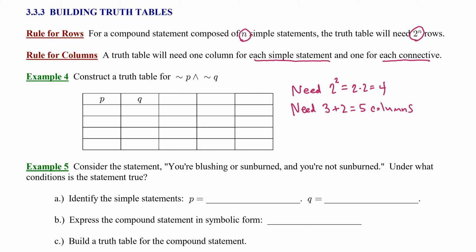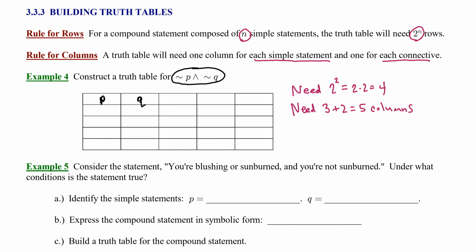Anytime we build a truth table for a complicated compound statement, we're going to begin by listing every possible truth value combination of the simple statements. And we do this the same way every time. So in columns 1 and 2 of our truth table, we have our 2 simple statements, P and Q. We're trying to figure out the truth value of this more complicated compound statement.